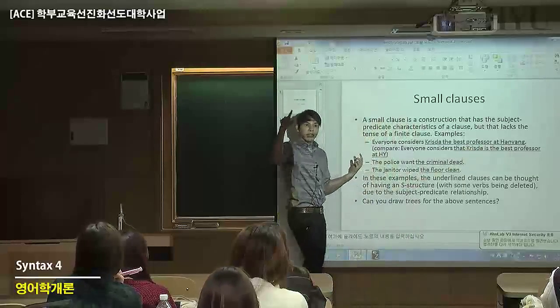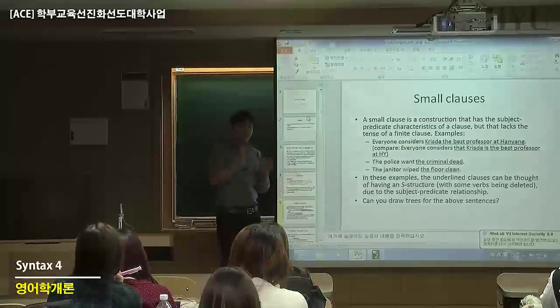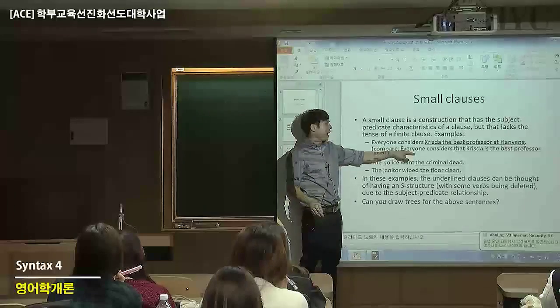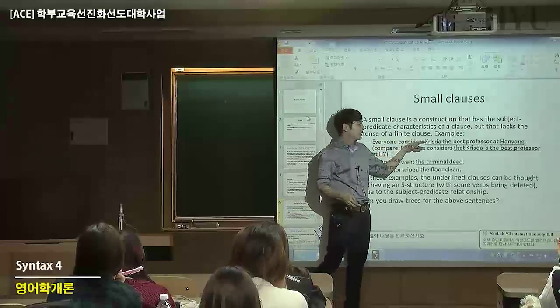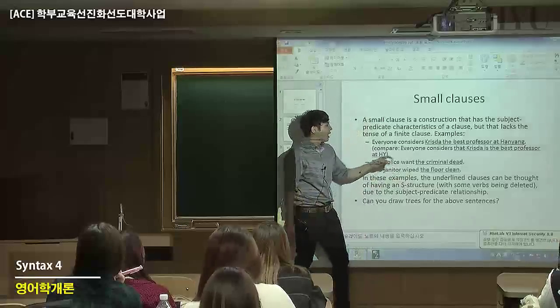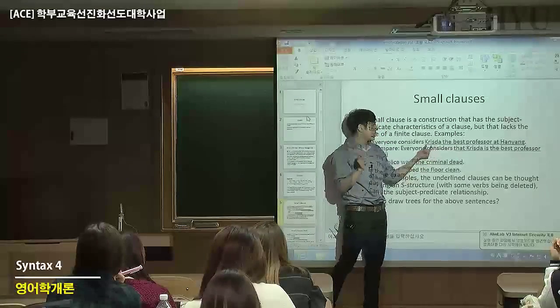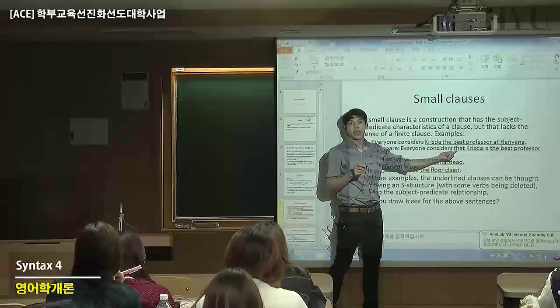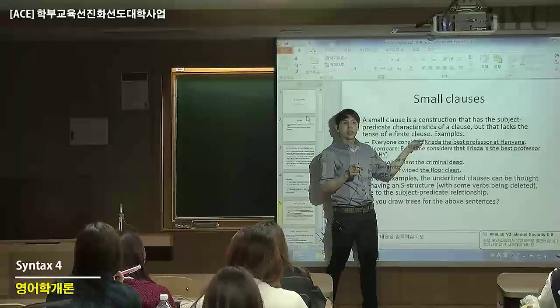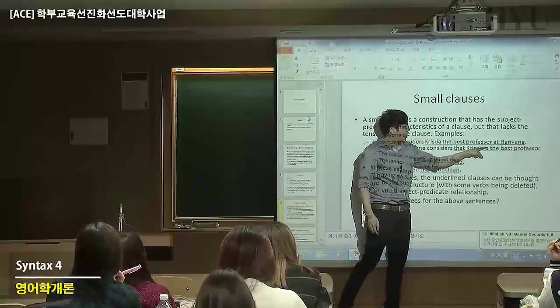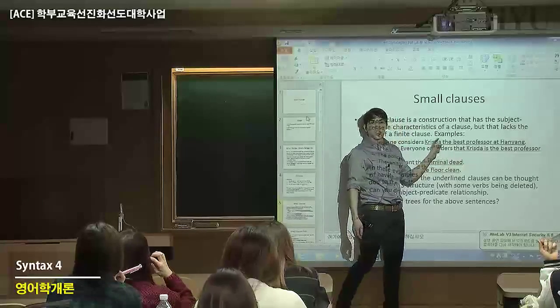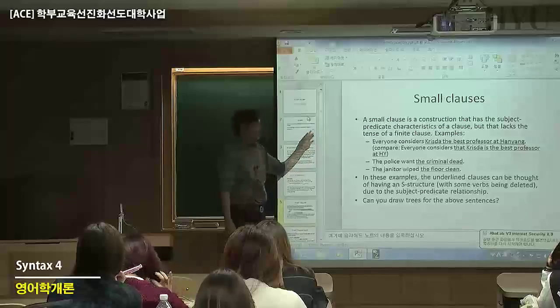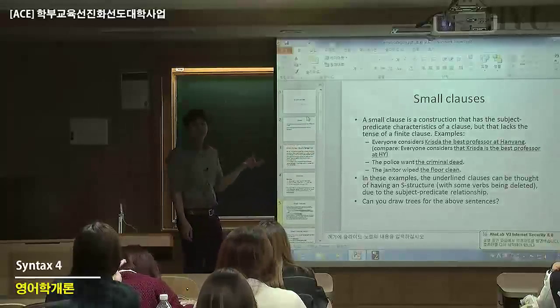Here is an S consisting of NP and VP, right? But you can also write it out like this. Everyone considers Chris Da the best professor at Hanyang. Here, the difference is that there is no complementizer that you can see. It's gone. The word that is gone, right? But the two sentences here have the exact same meaning.